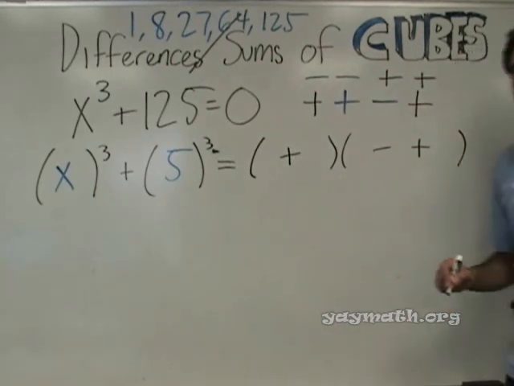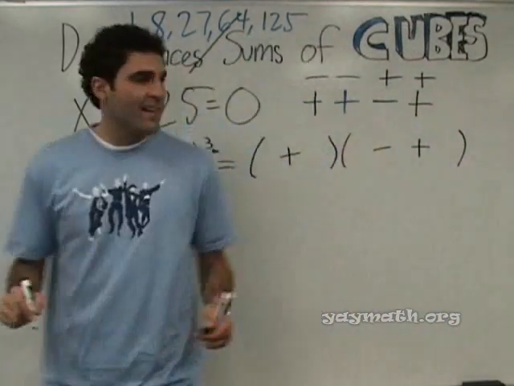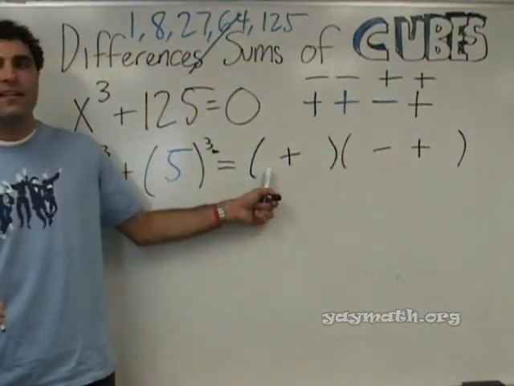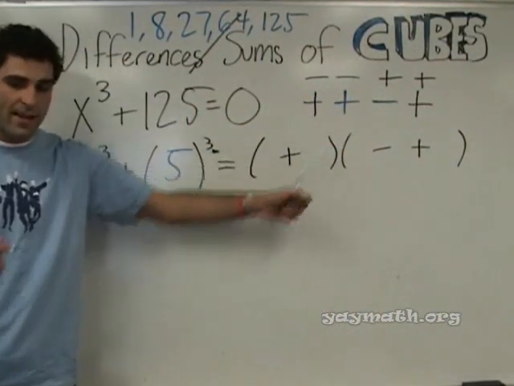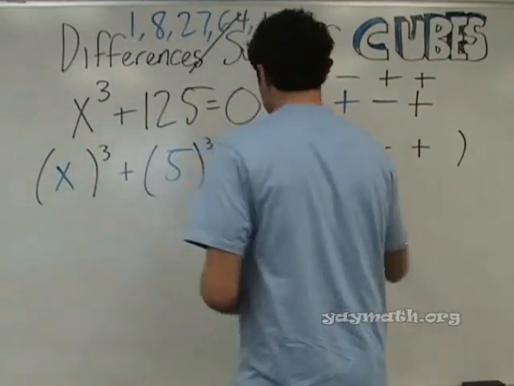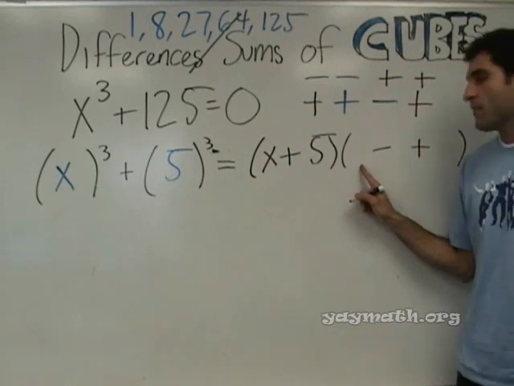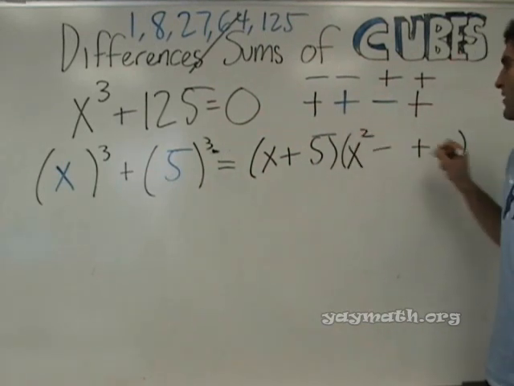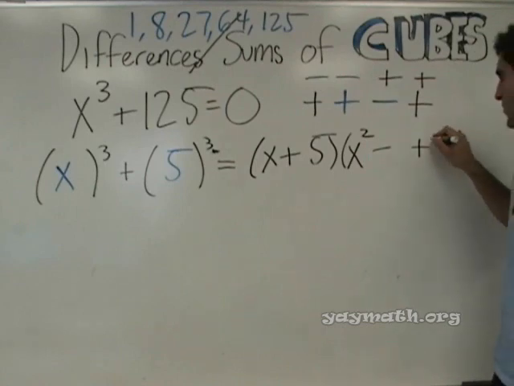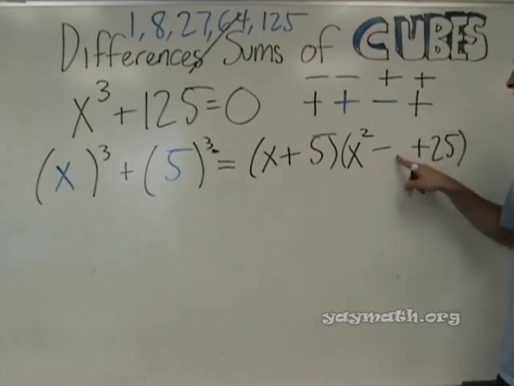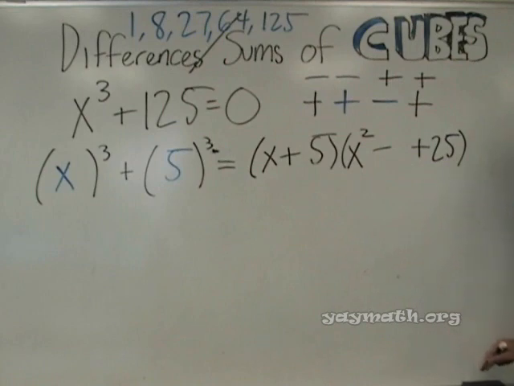And recall what goes in the first slot? x and 5, first term, second term. What goes here? First term squared. What goes in the last one? 25, because it's second term squared. And what goes in the middle? First times second, 5x.